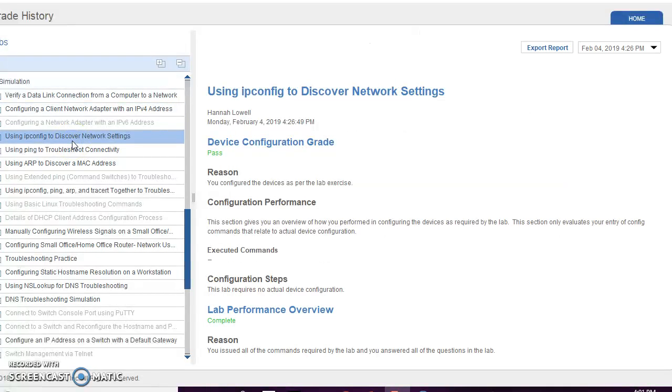Next, the simulation was using ipconfig to discover network settings. And here we had an overview of how to configure devices.